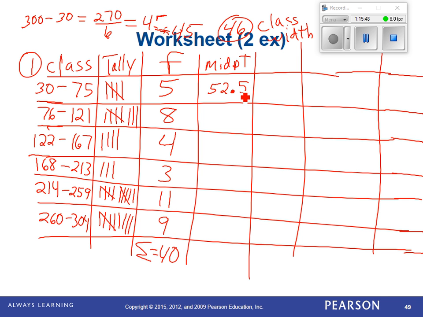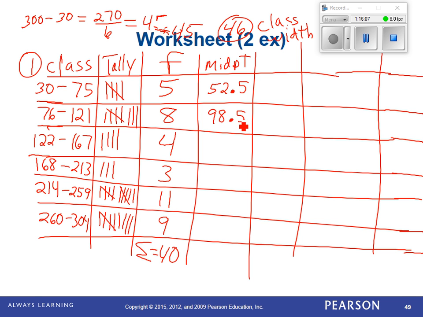Now we could continue to do that, but it's probably easier. All we really have to do to get the next midpoint is add 46 each time. So you've got 52.5 on your calculator, add 46 to that, 98.5.